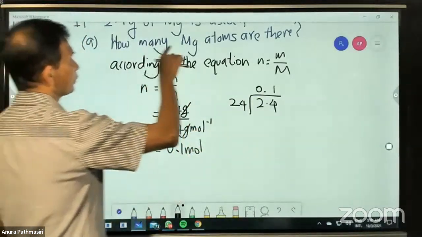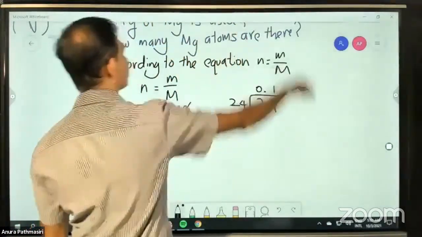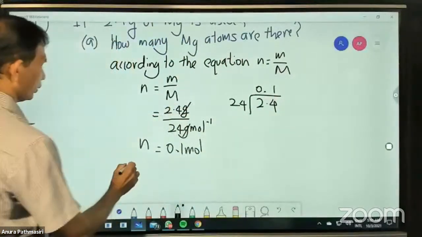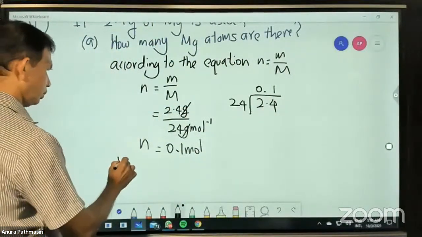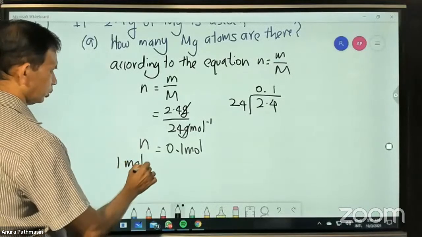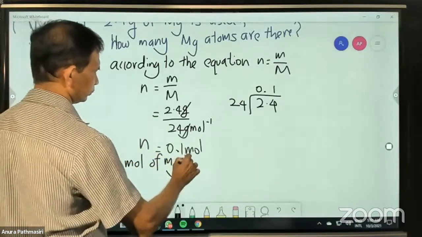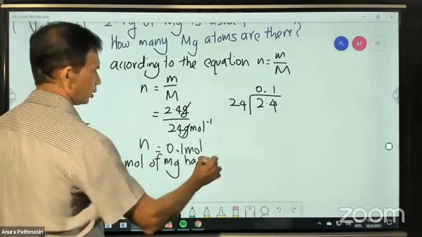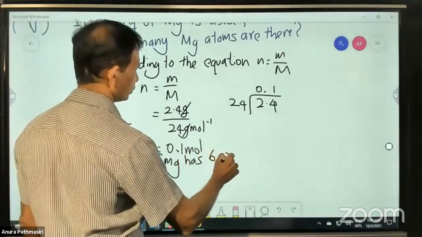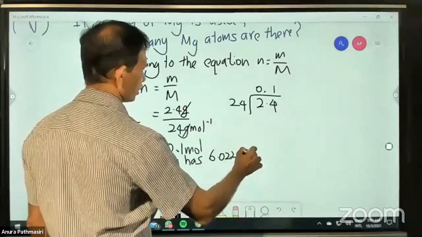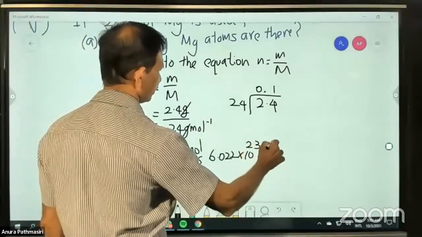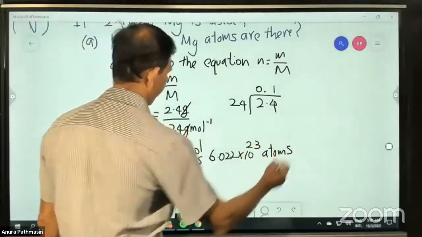But my question is, how many magnesium atoms are there? Now, 1 mole of magnesium has 6.022 times 10 to the power 23 atoms.